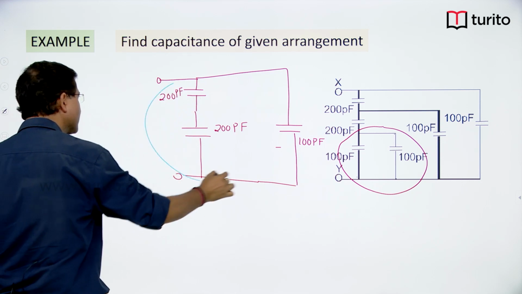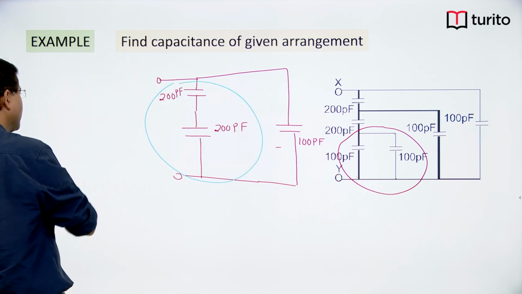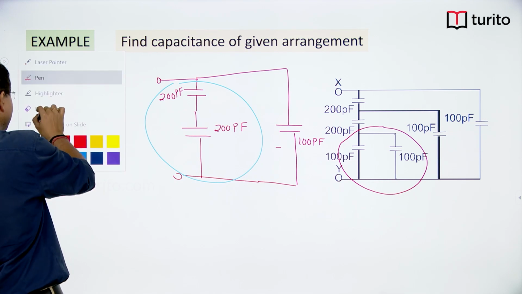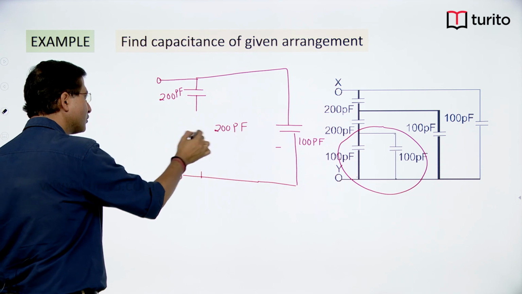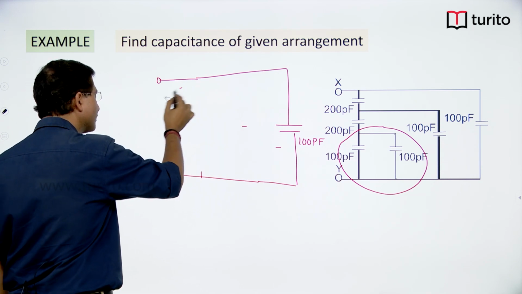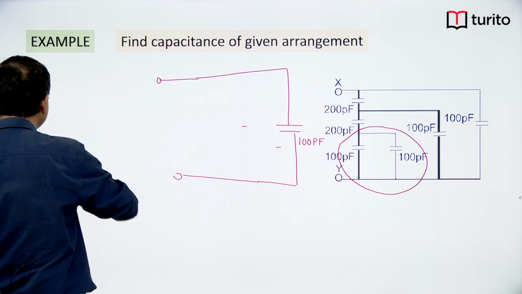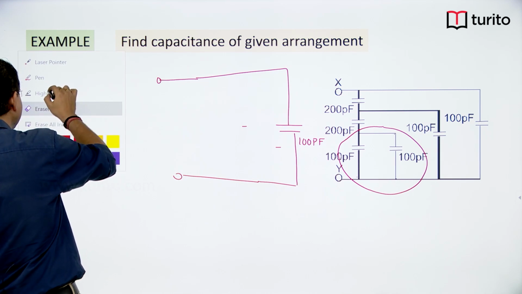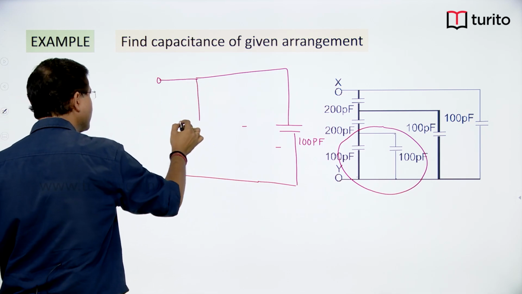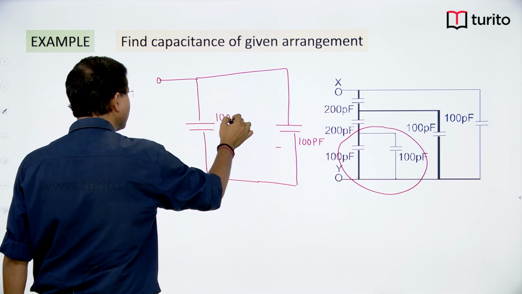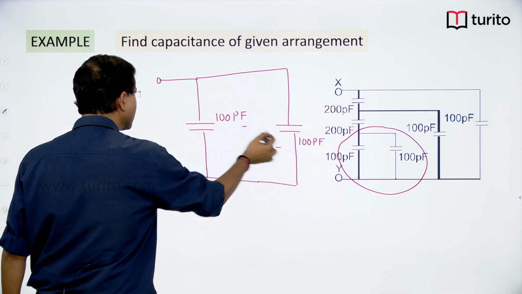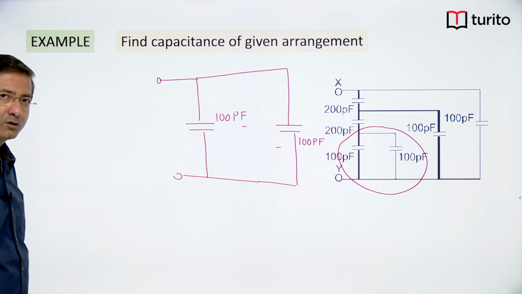I will remove this and put 100 picofarad over here. So this 100 and this 100 will make it 200 picofarad.